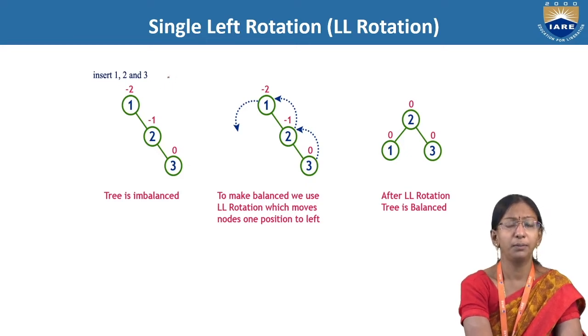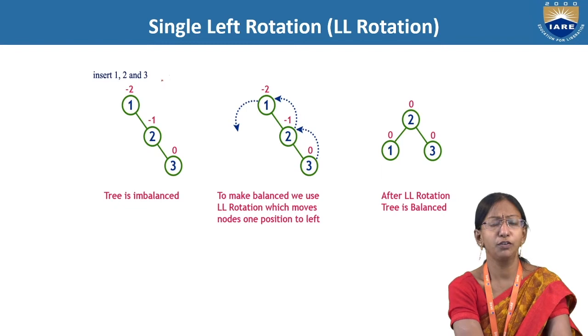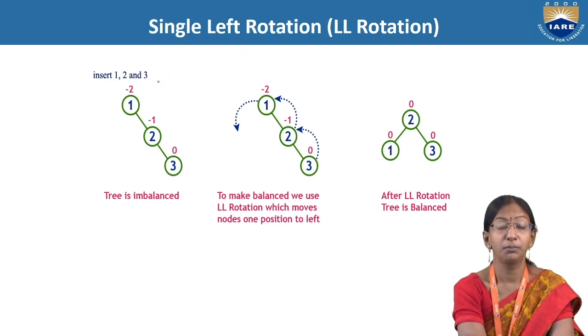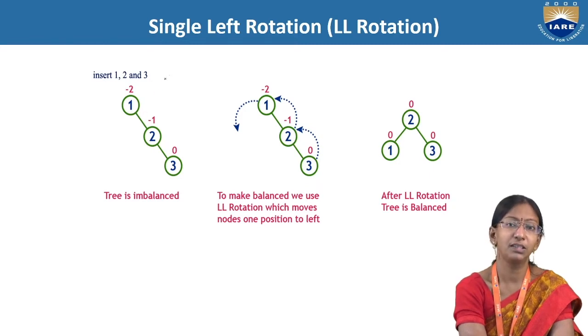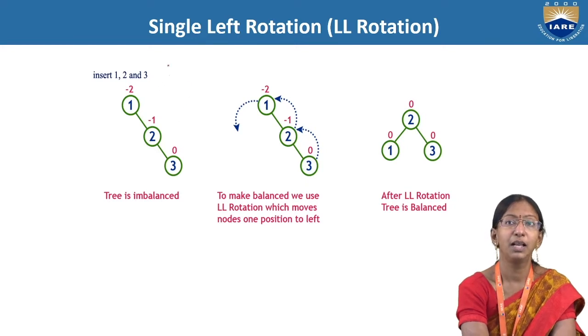Our balanced set tree is nothing but a binary set tree first of all. I hope you know the property of a binary set tree: all the left elements must be less than or equal to the root, whereas the right elements are greater than the root. Similarly, let me redraw that.